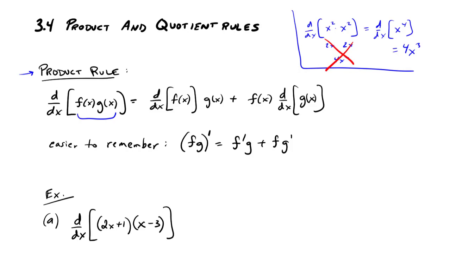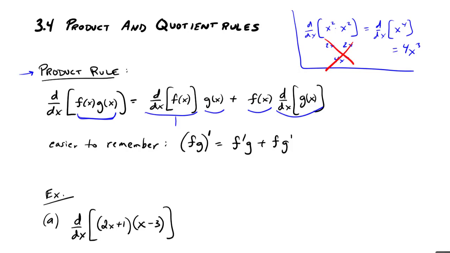So that's just not going to work. Okay, so instead we need the real rule here. And what it is, it's not too bad. It says basically you have to take the derivative of one at a time. So the derivative of f of x times g of x is the derivative of f of x times g of x as it is, plus f of x as it is, times the derivative of g of x.